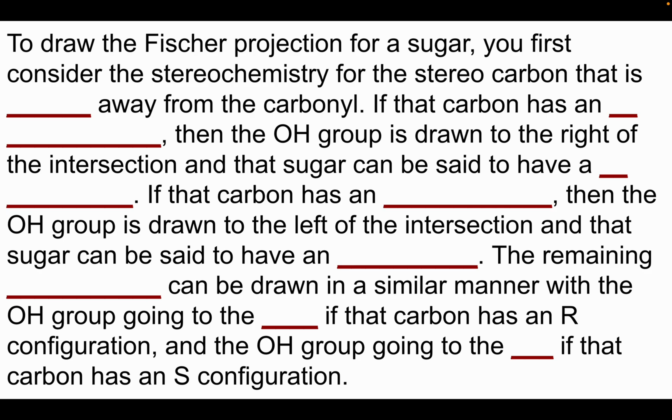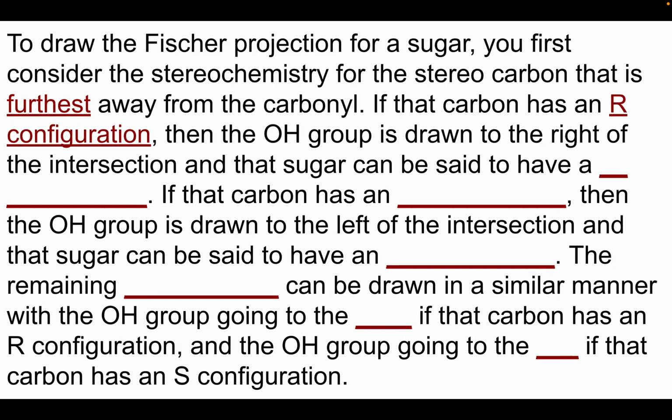All right, to draw the Fischer projection for a sugar, you first consider the stereochemistry for the stereocarbon that is furthest away from the carbonyl. Right, so we're going to look at the bottom for that bottommost stereocenter.